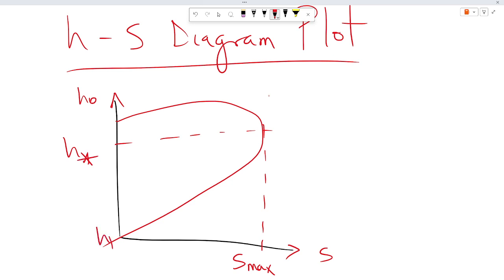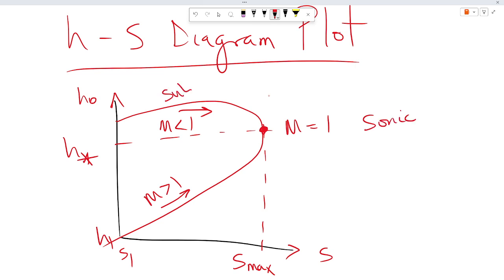And this is H1, S1, and the Mach number will increase from here, subsonic to supersonic, that is M greater than 1 here, and it's going to decrease here, that is Mach number less than 1, and this part is going to be sonic, M equals 1, sonic, subsonic, supersonic.